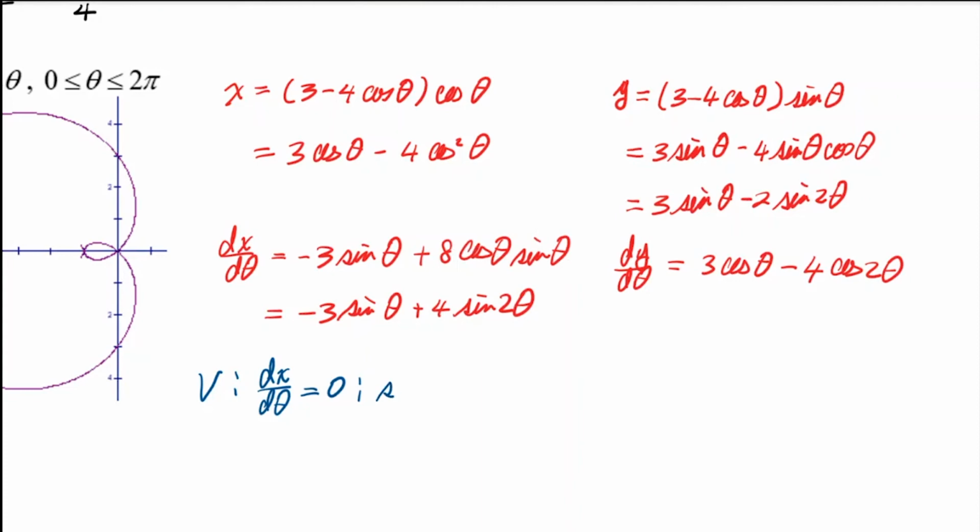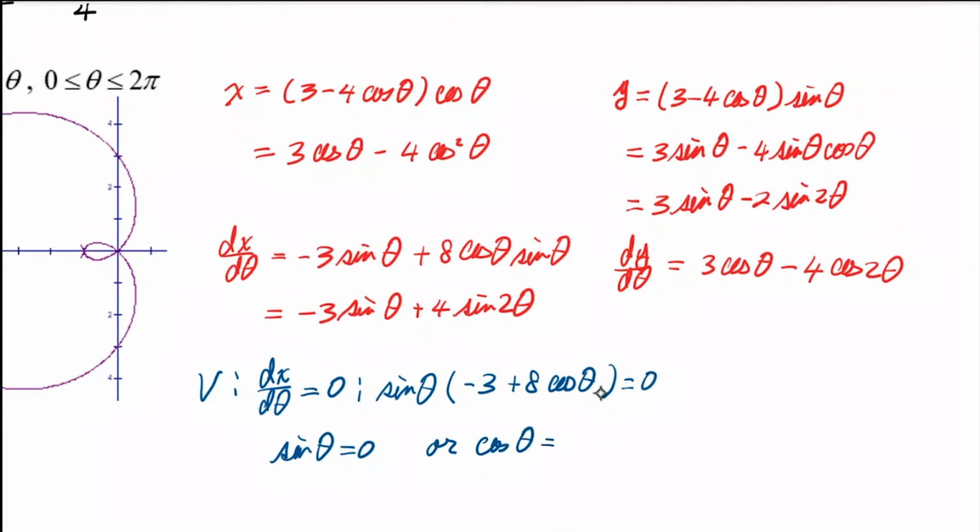So there's a sine theta outside, and here's our problem: negative 3 plus 8 cosine theta. That is equal to 0. So that gives us sine theta is equal to 0, which is nice, or cosine theta is equal to 3/8. That one is not nice.